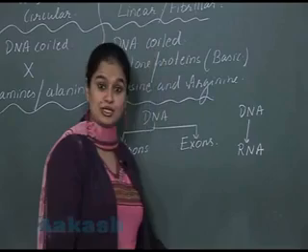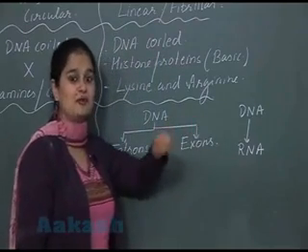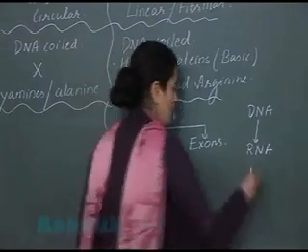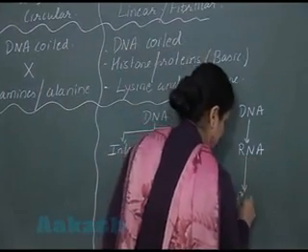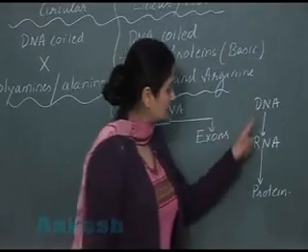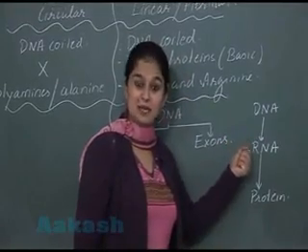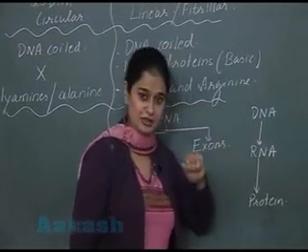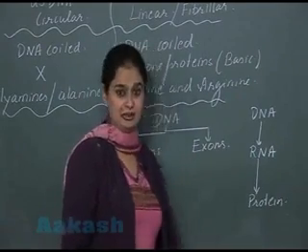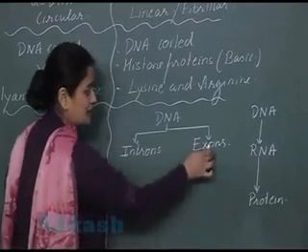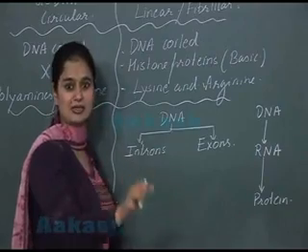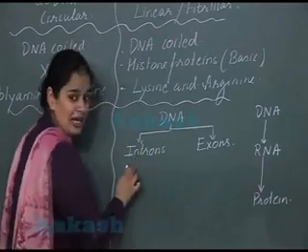DNA contains the coded information which results in the formation of RNA through a process, that is transcription. RNA through the translational process results in the formation of protein. It means the DNA contains the information for the synthesis of protein. Part of DNA which codes for protein, that part of DNA is known as exon. Part of DNA in which this capacity is absent, they are known as introns.